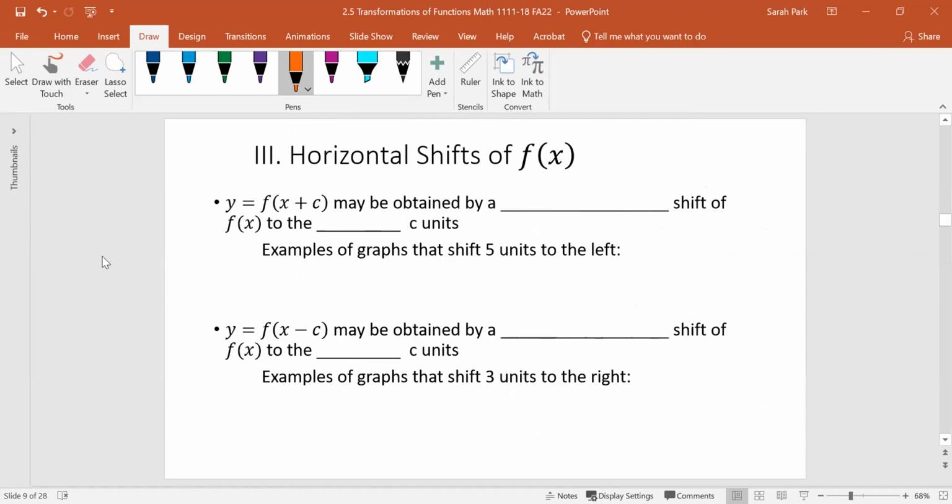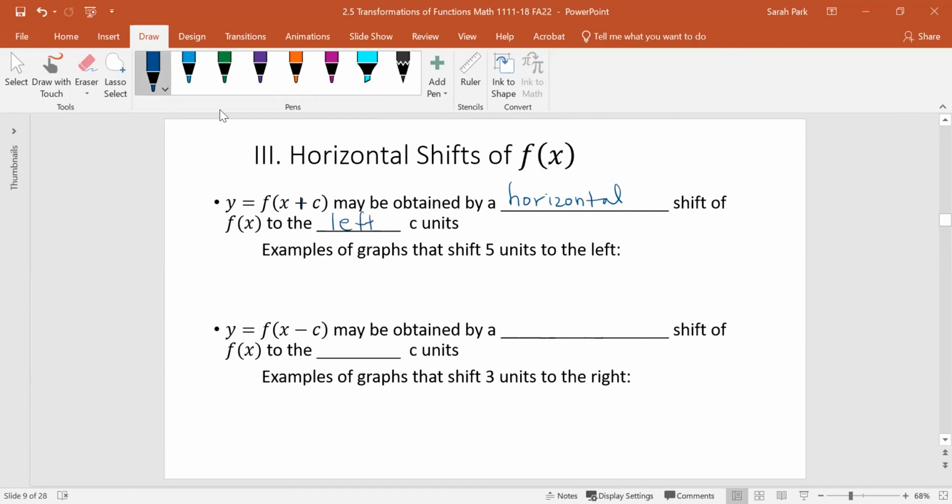Okay, now that we did vertical shifts, let's take horizontal shifts. A horizontal shift is written as y equals f of x plus c, and this will be obtained by a horizontal shift of f of x to the left c units.